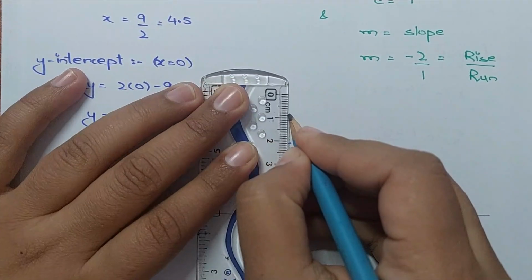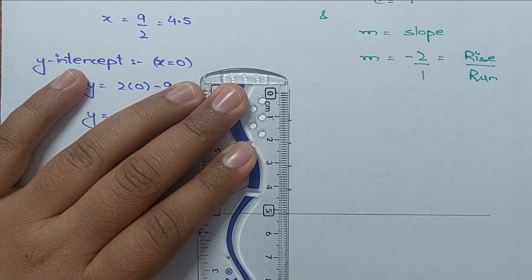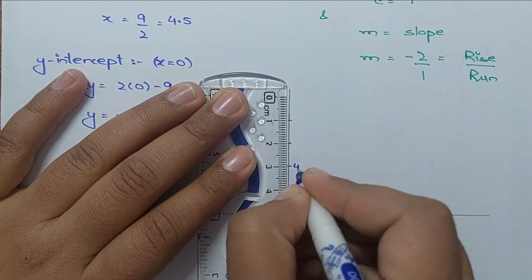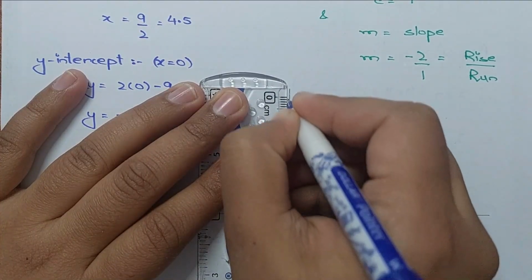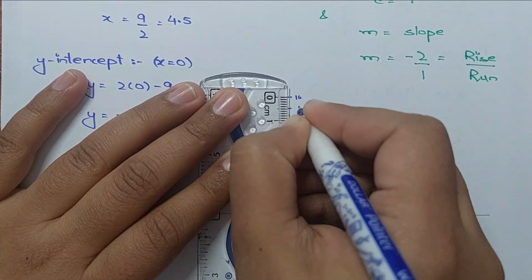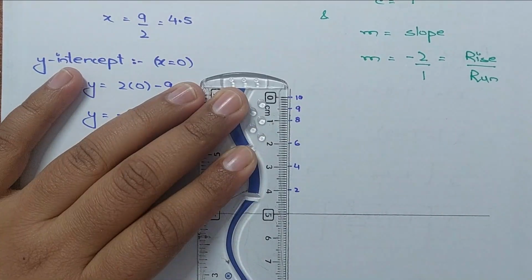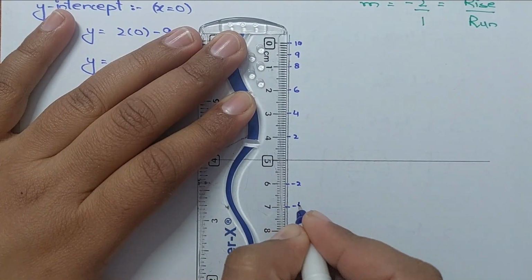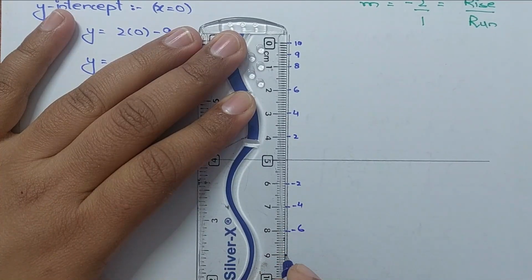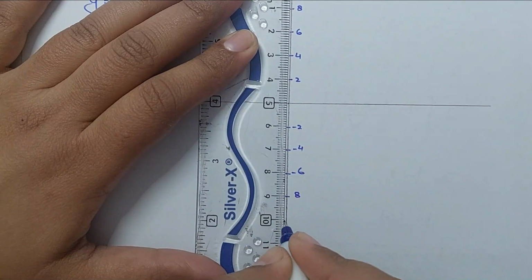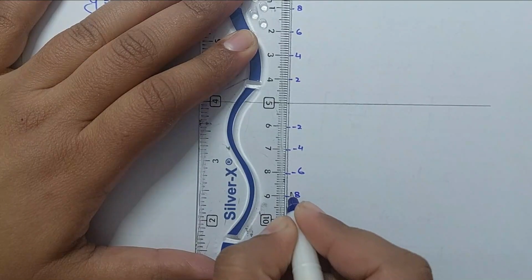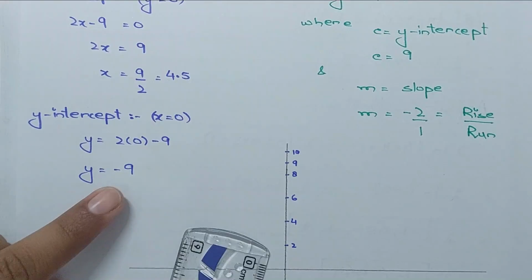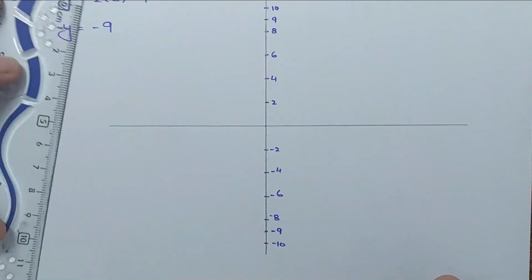And if I move up a little bit and down a little bit, now this is 2, 4, 6, 8, and 10. Here we have 9, right? And in the bottom again, we can say minus 2, minus 4, minus 6, minus 8, and minus 10. Here we have negative 9.